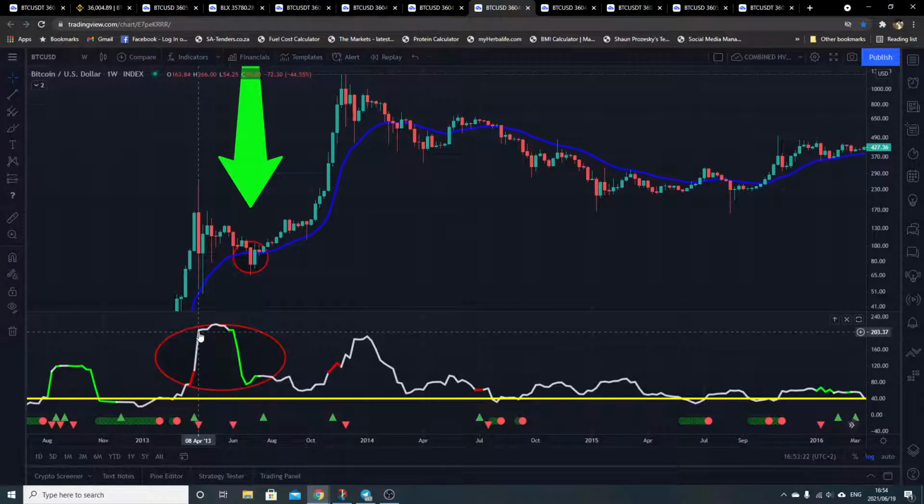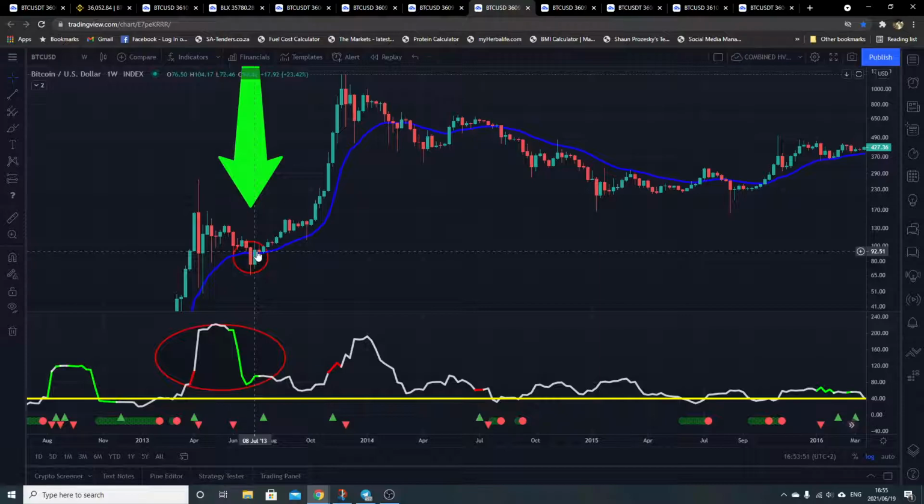So it gave a signal there. Price is going up. This is on a weekly chart, guys, so that's a weekly candle. I don't trade this yet. I never trade that. I trade when I see the white going green, and then from green to white again. So there a buy signal comes in, and the price over there was $92.